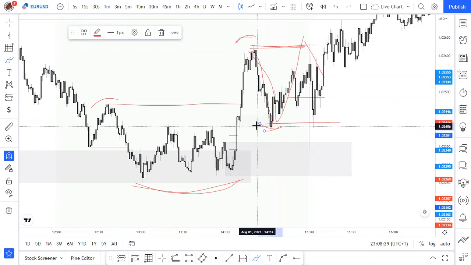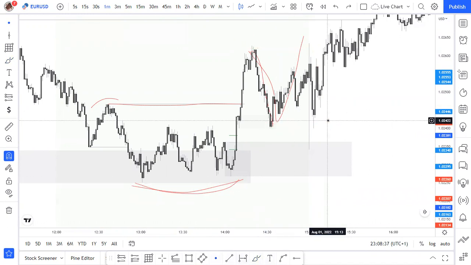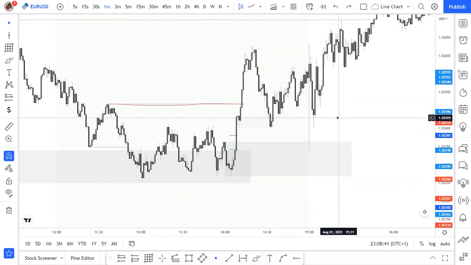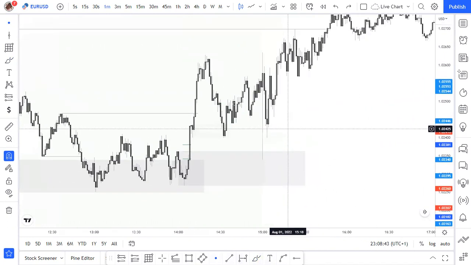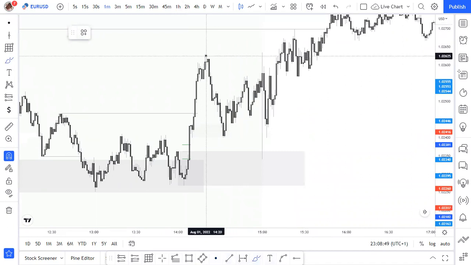But price didn't really do that, as I didn't get the confirmations I needed. I didn't get the break above this high.